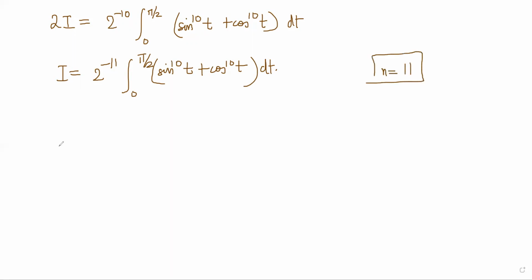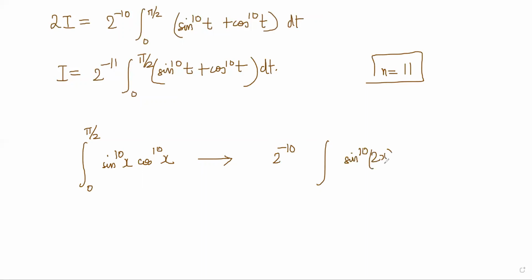So notice what we did. We started out with an integral which was somewhat like this, right? And this was from 0 to pi by 2. And what we did was we wrote this as 2 power minus 10 sine power 10 of 2x. And then 0 to pi by 2.